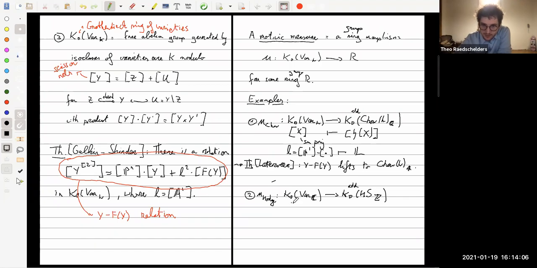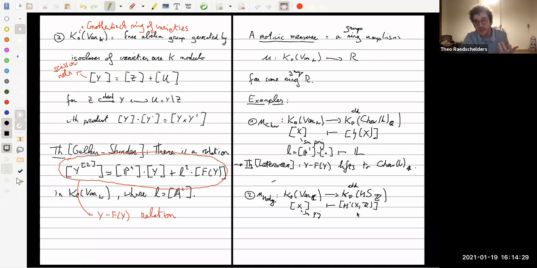And again, because of Bittner's presentation, we can map a smooth projective X to its integral cohomology. So note that in this case, this is not a ring morphism because of possible torsion in the cohomology, but it's still a nice group morphism.